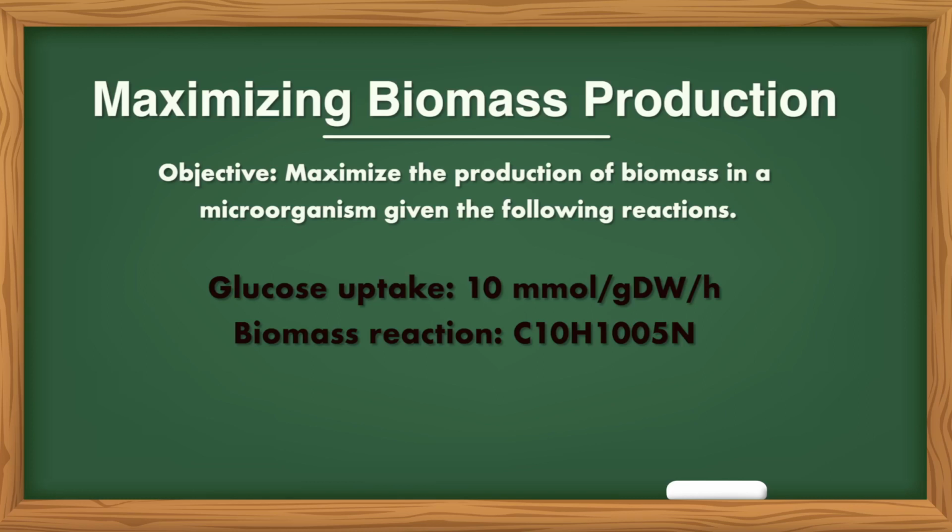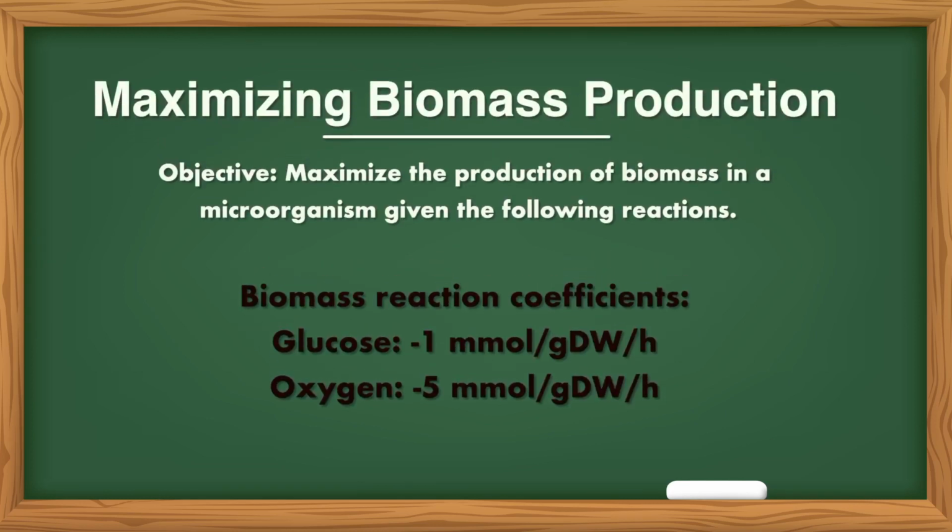So in this case I have considered a glucose uptake rate of 10 millimole per gram dry cell weight per hour. Units are important. You have to keep in mind that the unit should be the same in all these rates of reactions. Now I have also considered the biomass reaction as C10 H10 O5 N. You can get the biomass reaction or the values associated with a particular organism given in terms of C, H, O and N. It is available.